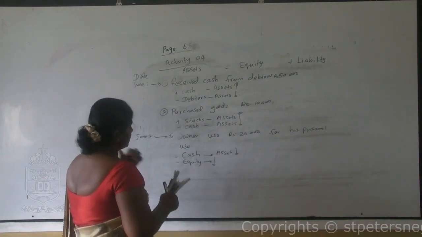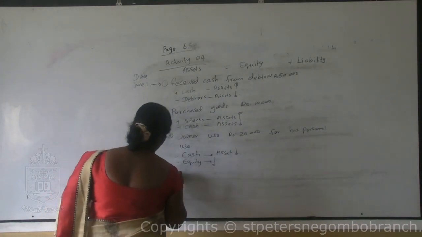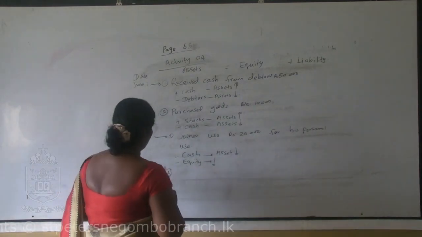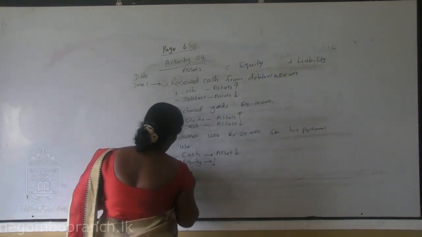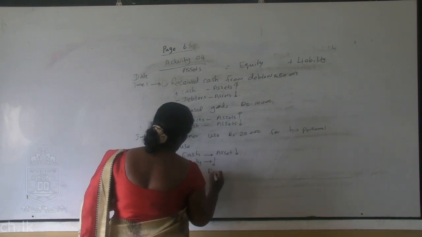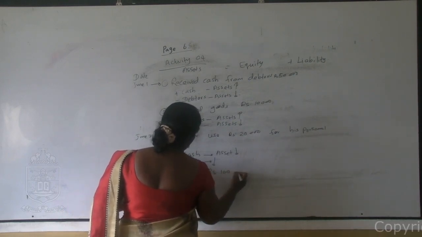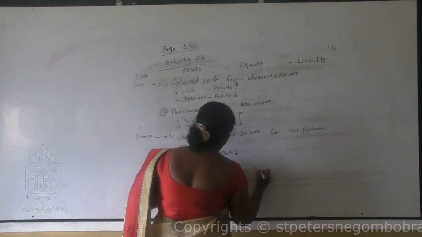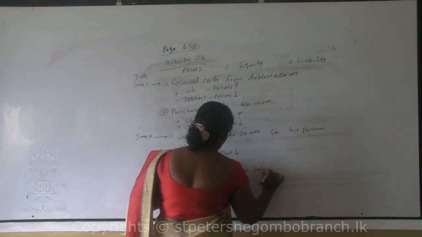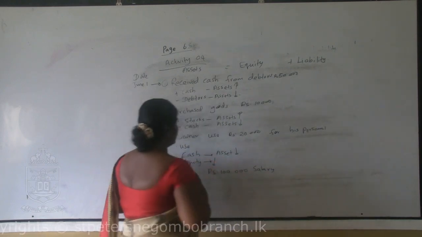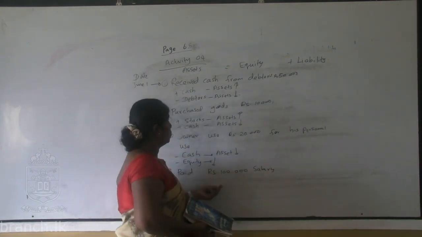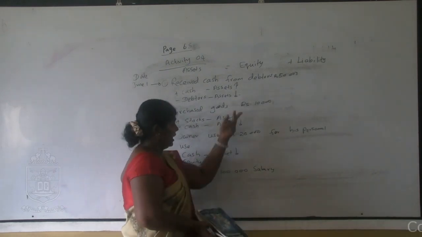So second transaction you can write, pay 100,000 rupees of salary. That is an expense. It is happening on the cash basis. So cash will decrease, equity will decrease.